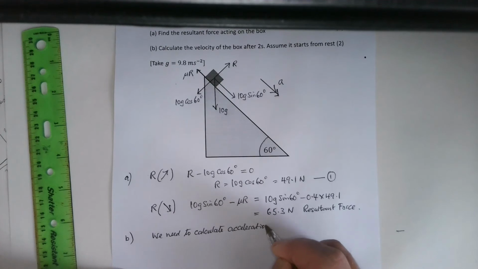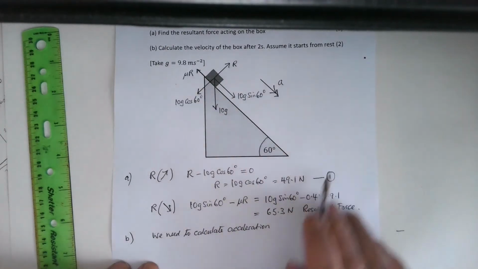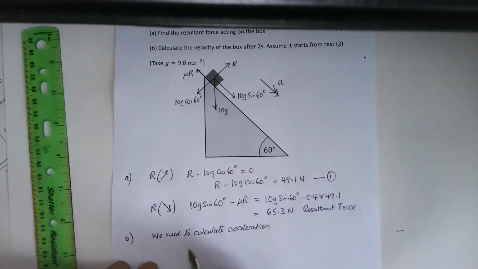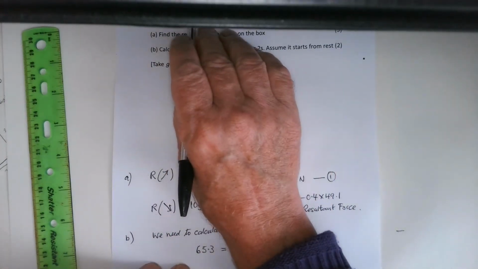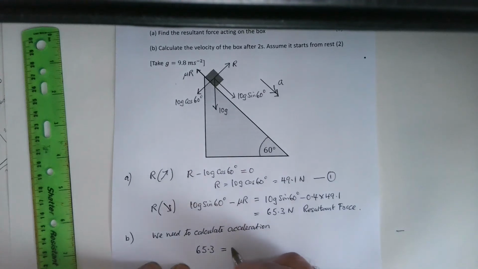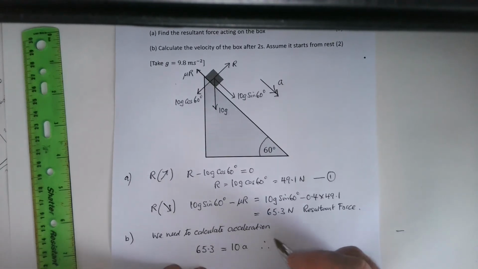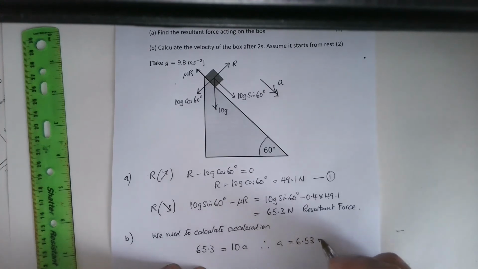As we've said already, the resultant force, 65.3 newtons, is going to equal the mass, 10 kilograms, times the acceleration A, and therefore the acceleration is going to be 6.53 meters per second squared.